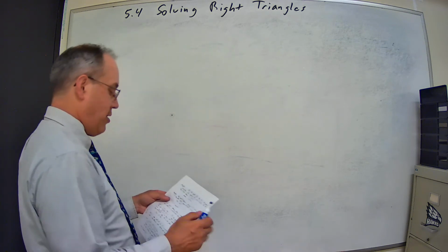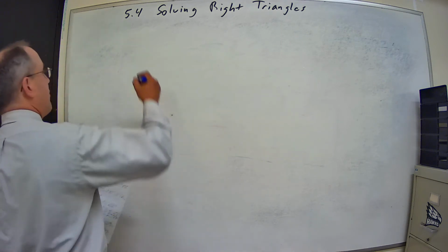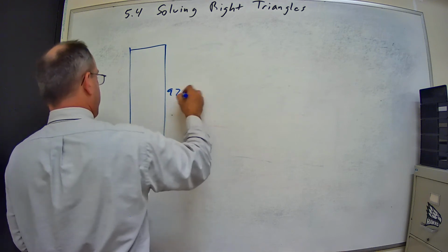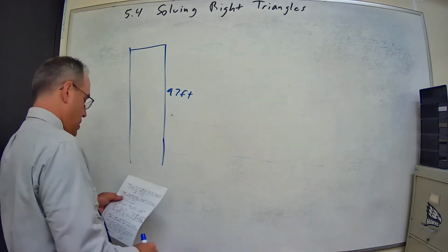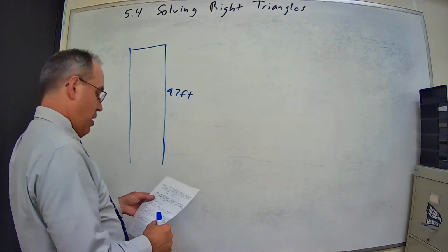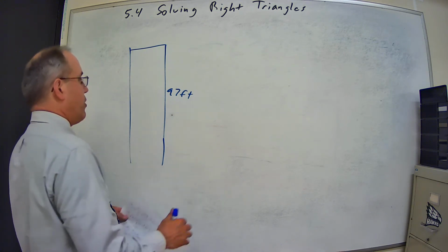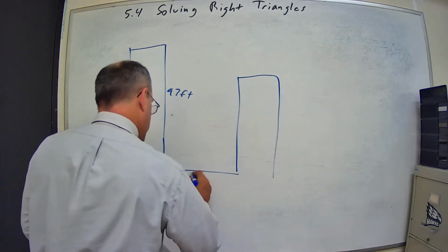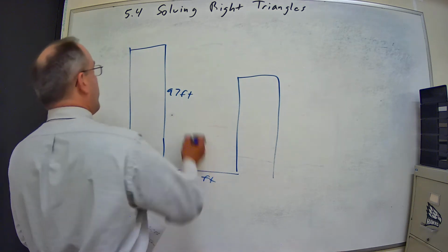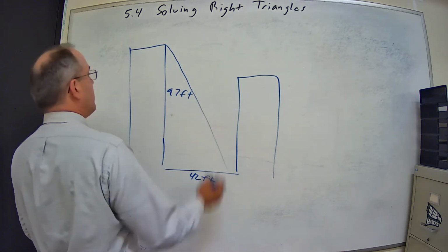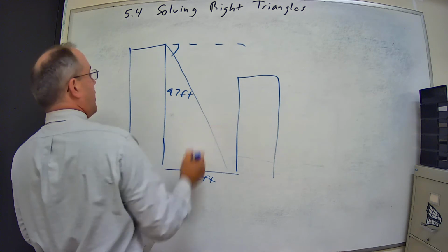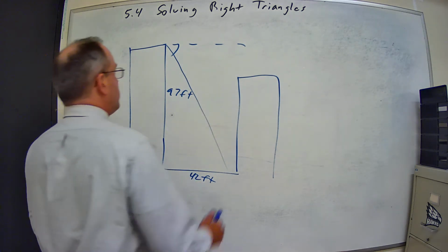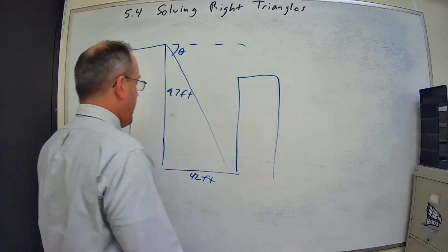So we want to find the angle of depression from the top of a 97-foot building to the base of a building across the street located 42 feet away. So we got another building over here, 42 feet, and we want to find the angle of depression. So that means we want to find this angle right here. So we'll call that theta.